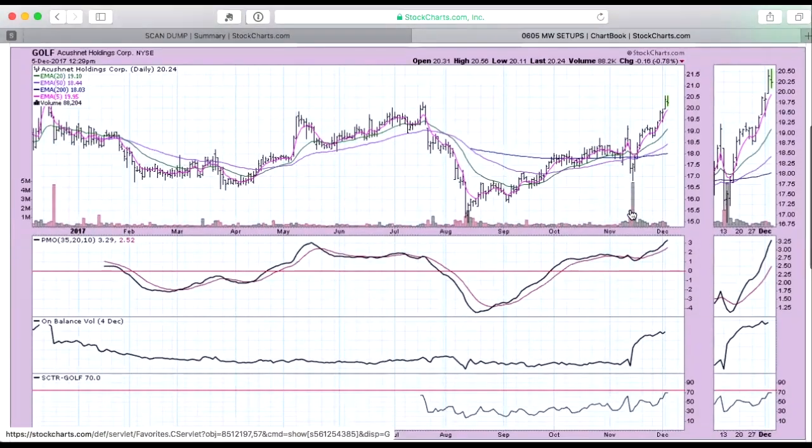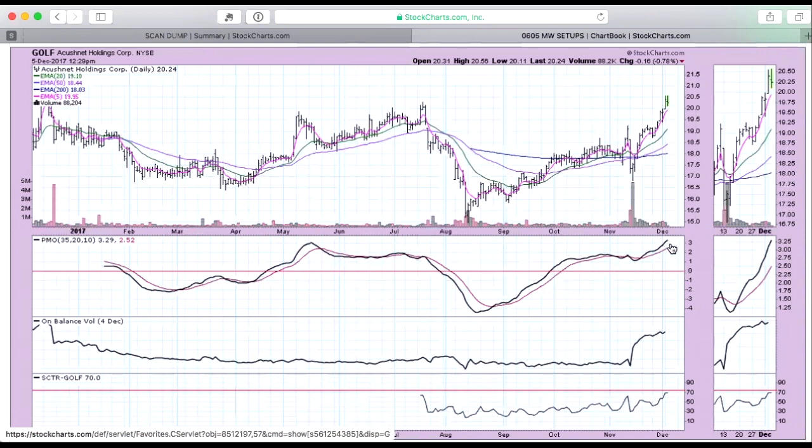Basically, like I said, I pulled up one of those scans and then I peeked at the chart because I'm looking for breakouts. Whether you're in those MACD crossovers or the new 52-week highs, whatever scan you do, you're looking for things. If you follow the PMO, you're looking for those rising PMOs.